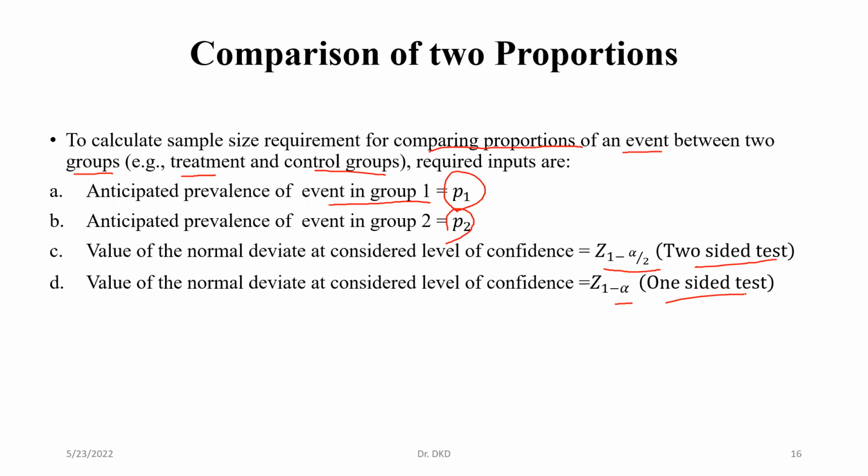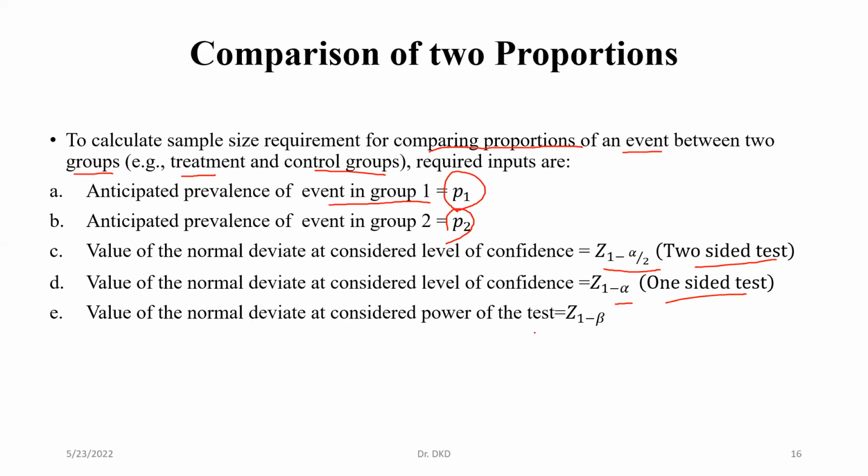These are the inputs required for calculating the minimum sample size when comparing two groups.